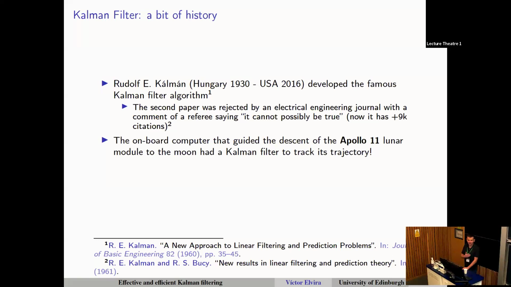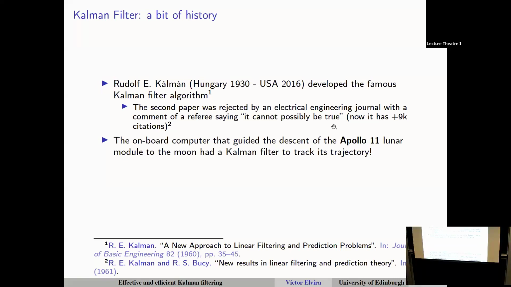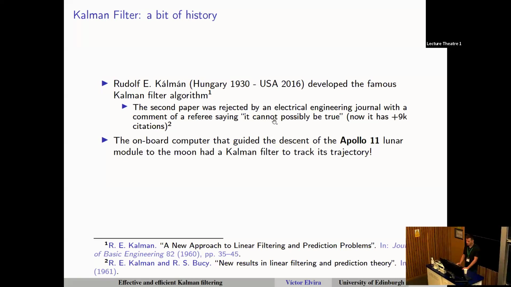Kalman himself, his second paper, still a famous paper with more than 9,000 citations, was rejected, with one referee, reviewer 2 probably, saying it cannot possibly be true. Doesn't mean that they added much evidence why this could not be true. But anyways, it seemed to be true.